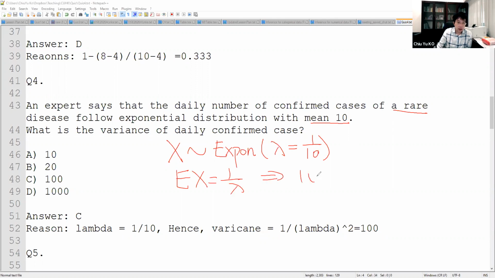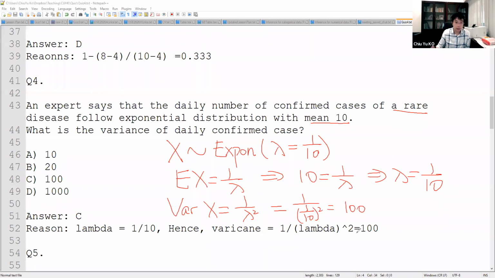That means 10 equals 1 over lambda. So lambda is 1 over 10. And the variance of X is 1 over lambda squared, okay? So it means 1 over 1/10 squared, which is 100. So that's why we have C. Is that okay for this question?